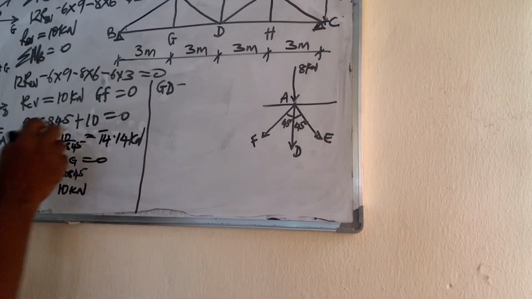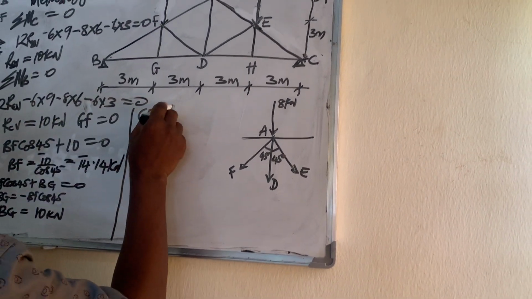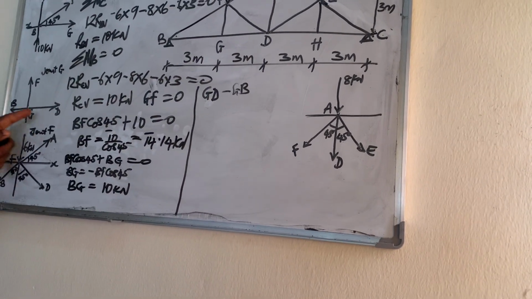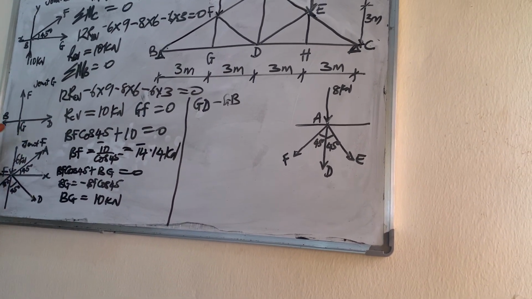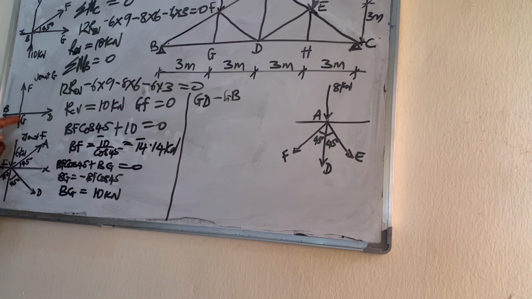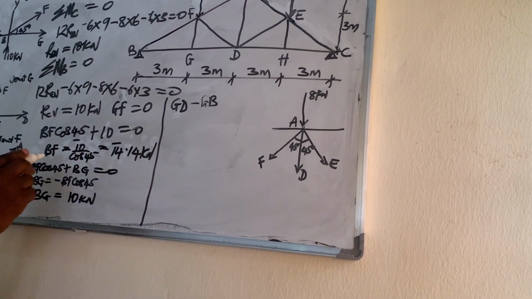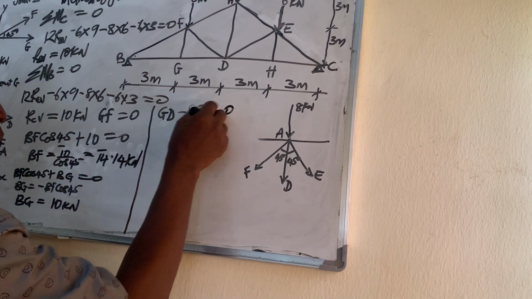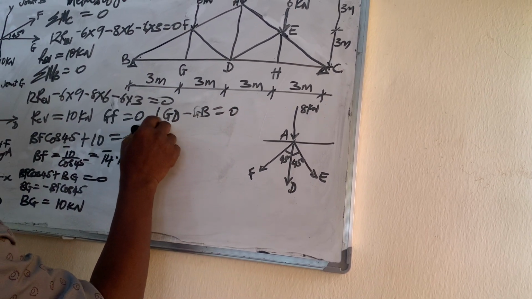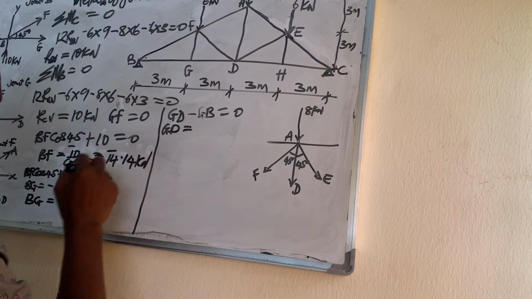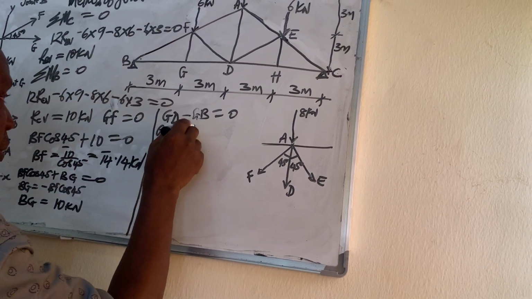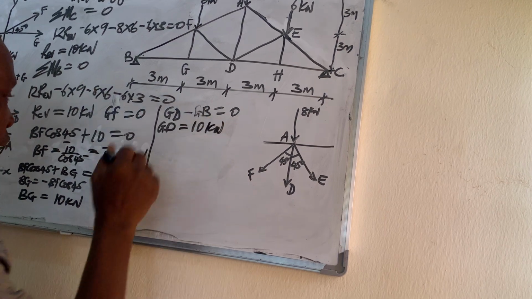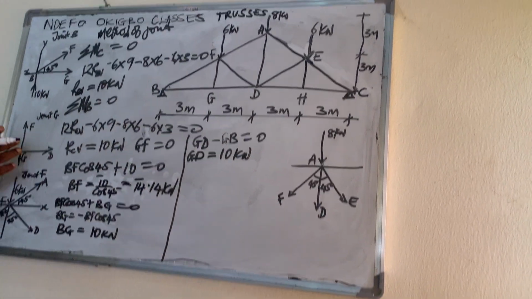So horizontally, GD minus GB equals 0, and BG is 10. So that means GD is equal to 10 kilonewton. So GD is equal to BG.